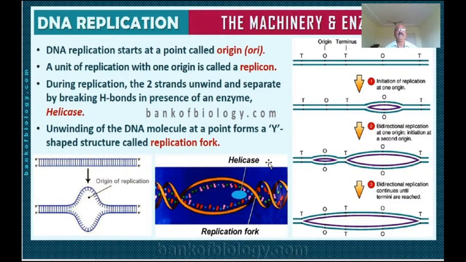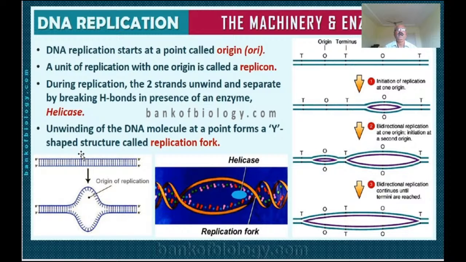As I explained last class, the two strands of DNA are held together anti-parallel with hydrogen bonds. So those hydrogen bonds will be broken by one enzyme, that is helicase, so that the two strands of DNA will be separated. Those strands act as a template.